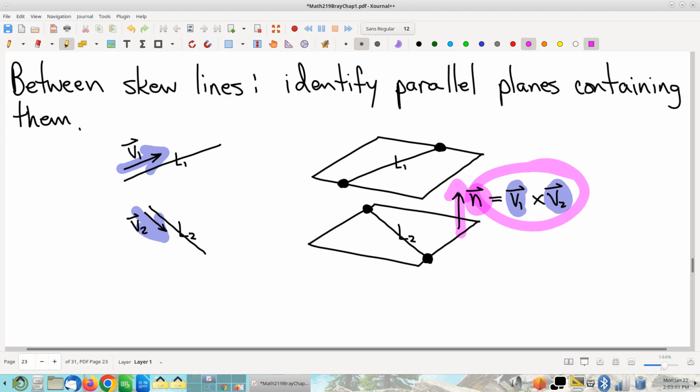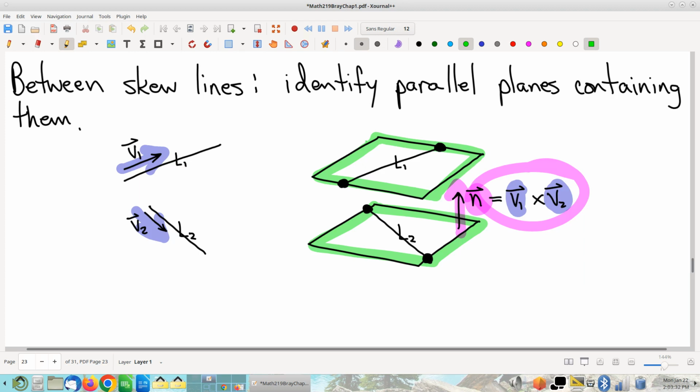Now I have a vector that's perpendicular to both of these direction vectors. And then any plane that I make that is perpendicular to that normal vector, well, again, transitivity: if the planes are perpendicular to the normal vector, and if the normal vector is perpendicular to these direction vectors, and again, you just have to think through the geometry and persuade yourself that this is a valid transitivity, these planes will all be parallel to these lines.